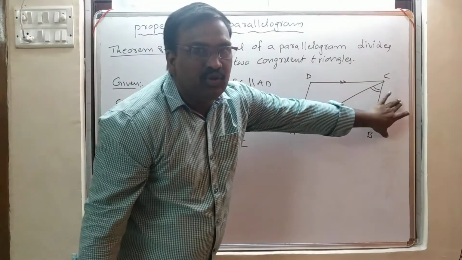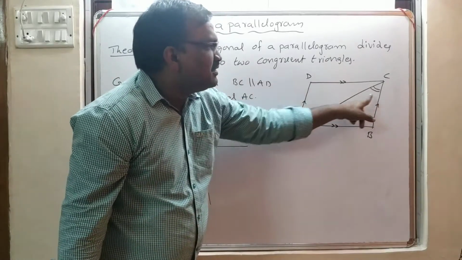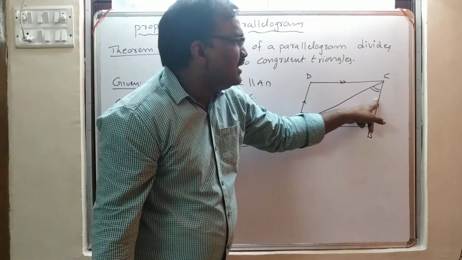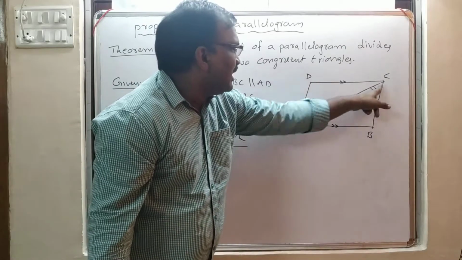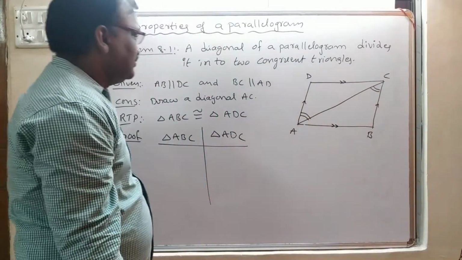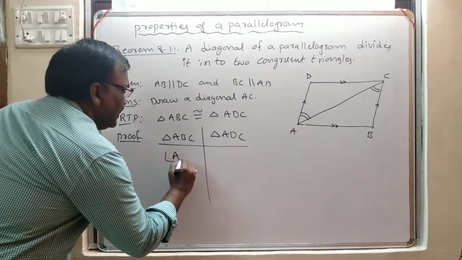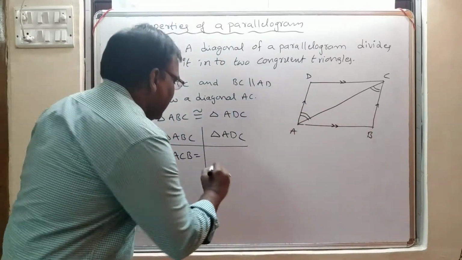AD is parallel to BC. This is a transversal. These two angles are alternate interior angles. So alternate interior angles are equal. So angle ACB is equal to angle CAD.